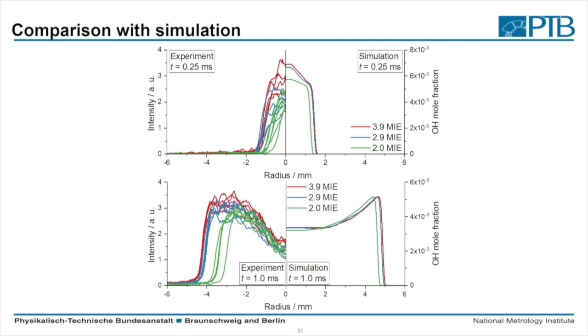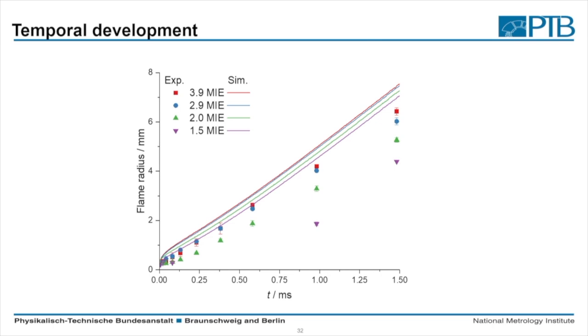Here this is the spark region, and here we have already the flame region of the system. This we can use to compare numerical results with the experimental results, and we see that this part here is dominated by the chemistry, so the flame propagation.